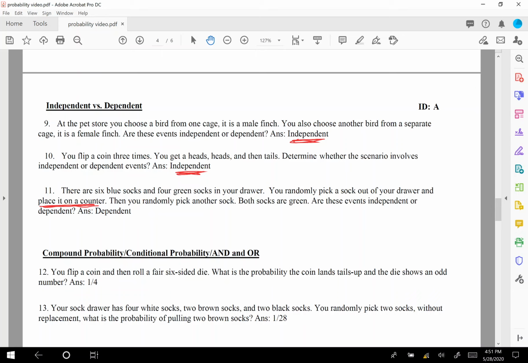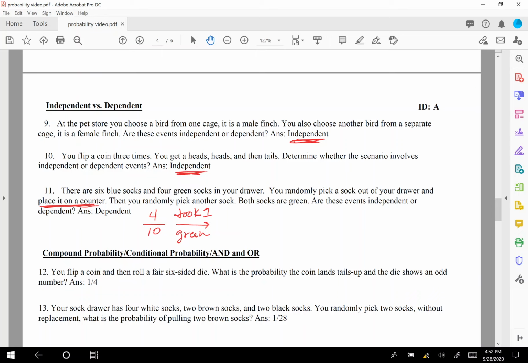It says both socks are green. So let's just focus on the green socks. There are 6 blue socks and 4 green socks. Originally you had 4 socks that were green out of a total of 10 socks. You took out 1 green sock, and you didn't put it back.